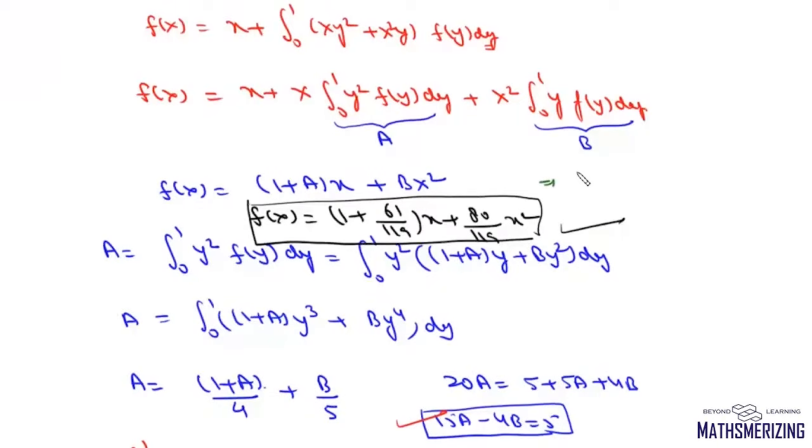We can also write this as f(x) equals (119 + 61x + 80x square) upon 119.